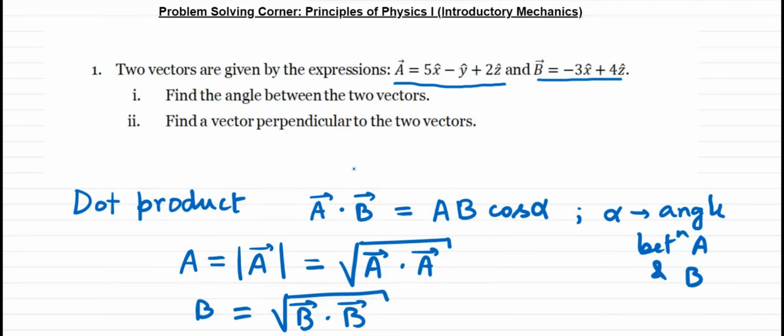If we are able to find these three dot products, then we plug them into this formula and find alpha. So that's our general mechanism here.